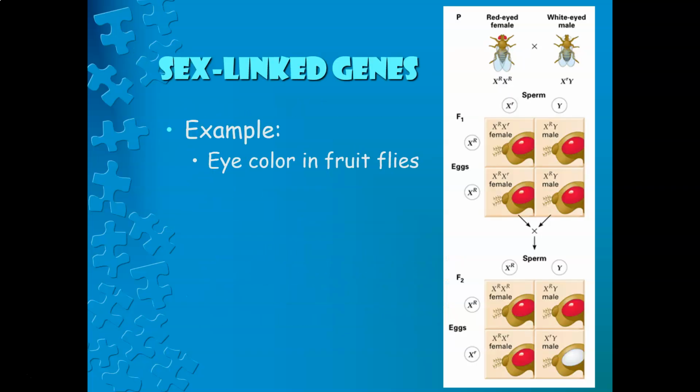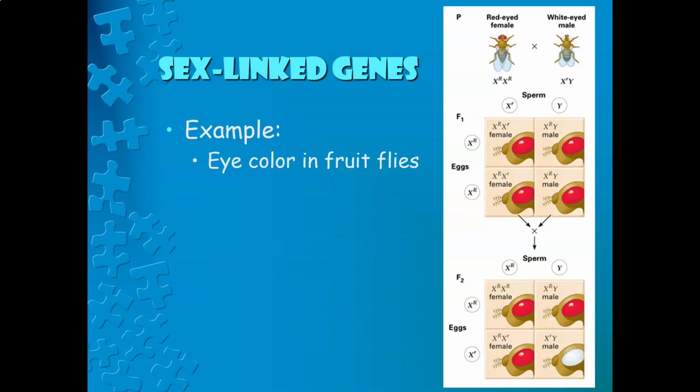So here's the example in fruit flies. This is what Morgan figured out. What he was dealing with wasn't necessarily recessive disorders, but just recessive traits in general. And so when you look at eye color, for example, in fruit flies, typically the sort of natural, what they would call wild type or dominant type, is red.